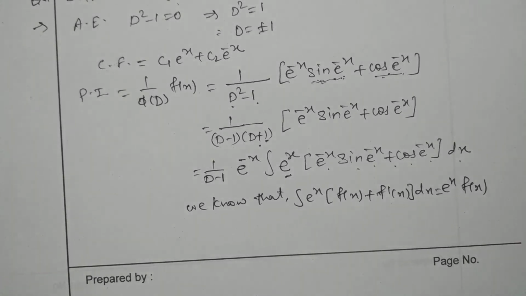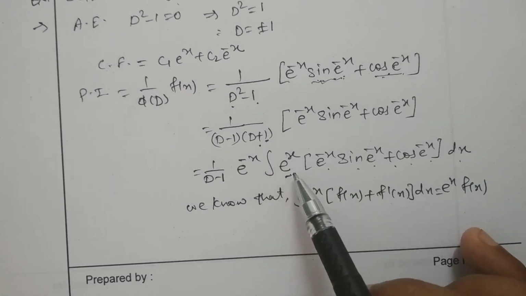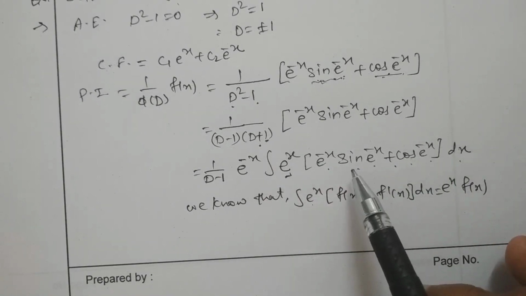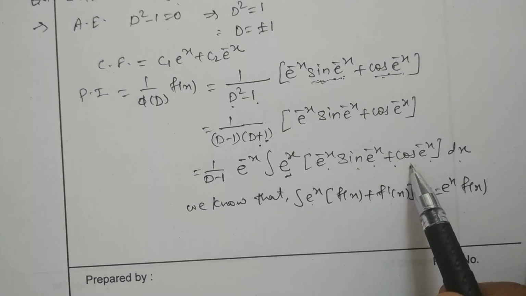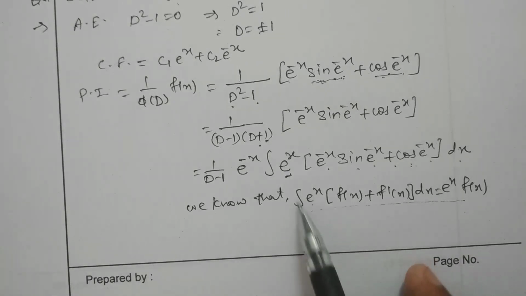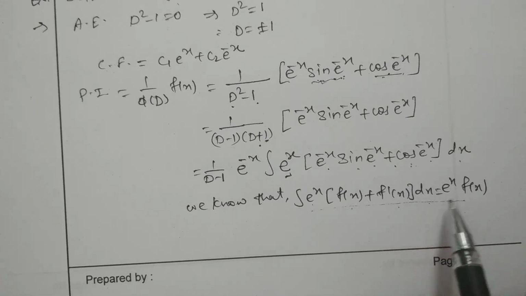So we just check whether this formula is applicable here or not. When we try this formula, if there is an integration, inside the integration there is a term of e raised to x multiplied by two terms in addition, that is f of x and f dash of x, then only check whether this formula is applicable. See the formula: integration e raised to x in bracket f of x plus f dash of x dx is equal to e raised to x f of x.